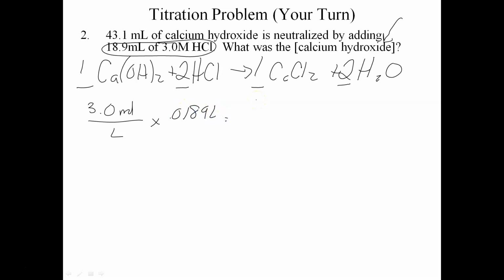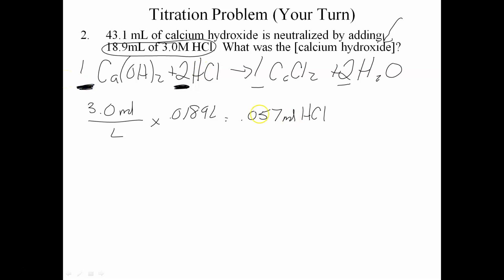And that gives us 0.057 moles of acid. So the issue here is that you don't have 0.057 moles of base, because look, you need 2 moles of acid to neutralize 1 mole of base.